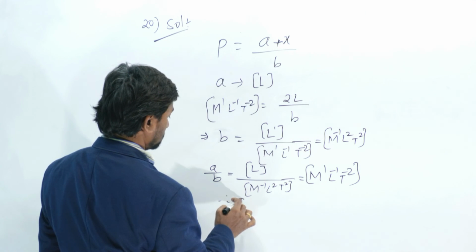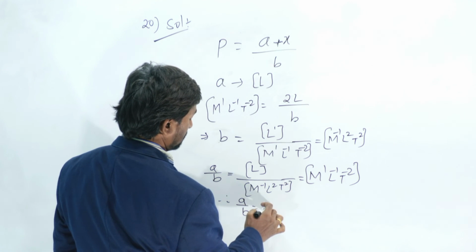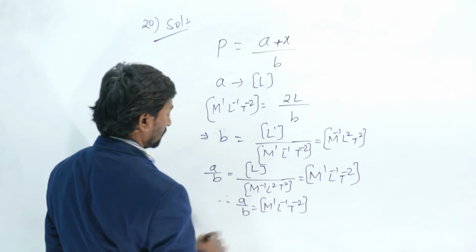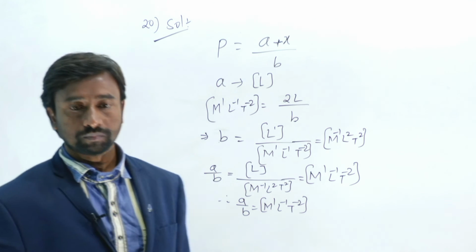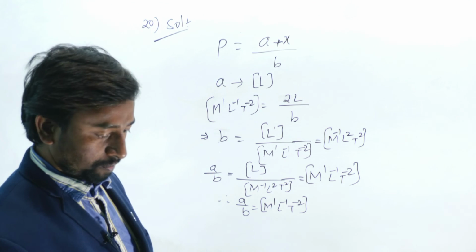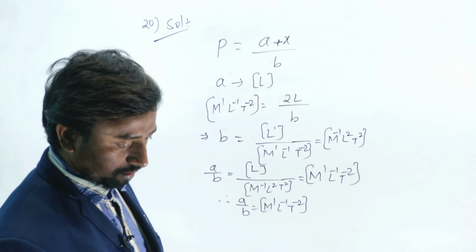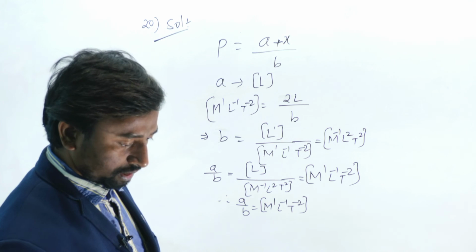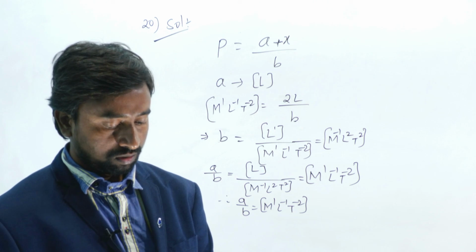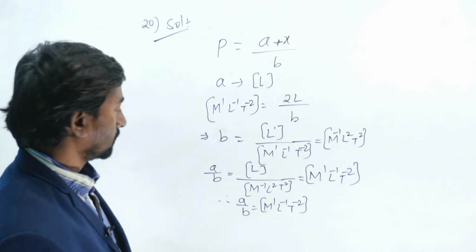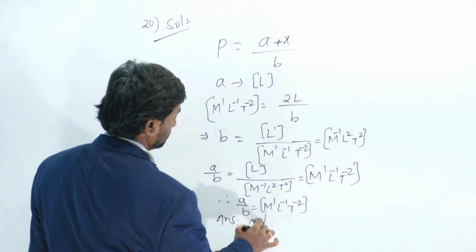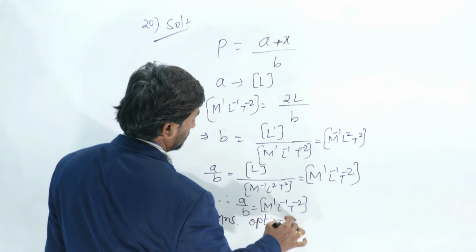So this is the dimension formula of A by B, M power 1, L power minus 1, T power minus 2. So the 20th is option 1. It is correct only, so option 1 is the correct answer.